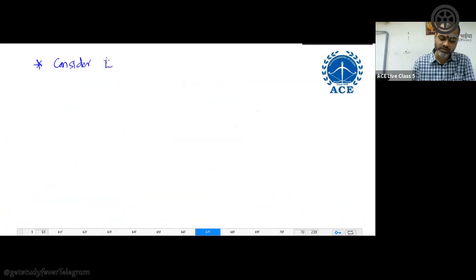Consider what we got: EF is equal to (EC plus EV) by 2 minus kT by 2 ln of NC by NV. Am I correct?